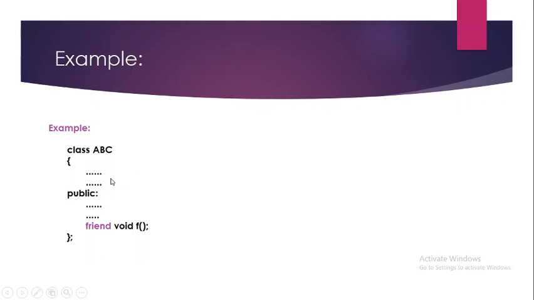Because of this friend keyword, remember friend is a keyword, all the private members of the class ABC are now accessible within function f, even though f is not a member function.